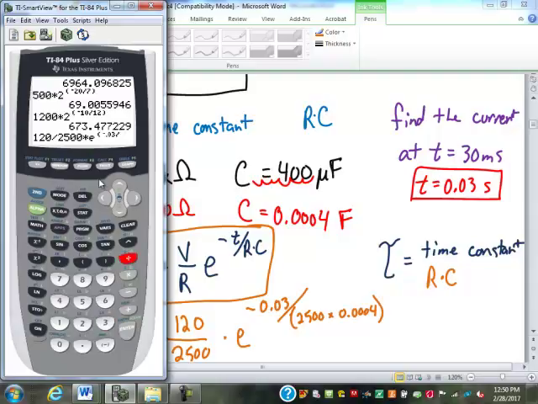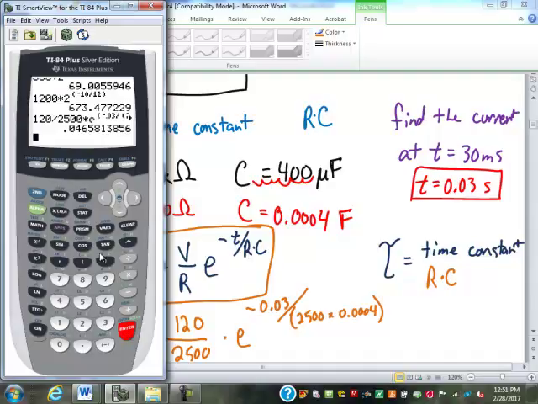Divided by, now here I have to put another set of parentheses, 2,500 times 0.0004 for my farads. And be very careful, I have to put two closed parentheses here. So you look at what I did there for the power. I had parentheses, negative 0.03, divided by, then another set of parentheses, 2,500 times the 4 10,000ths, and I close my parentheses twice.